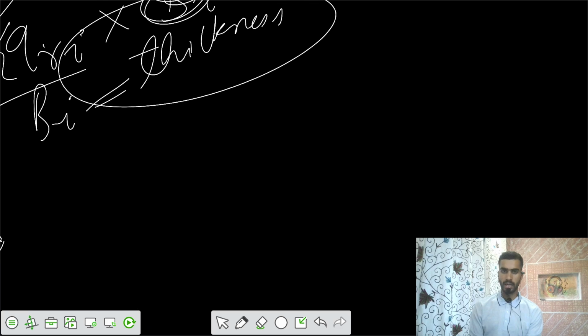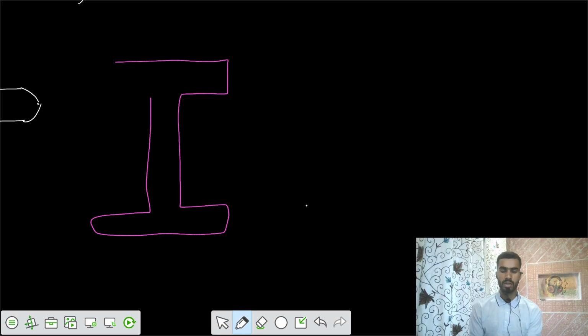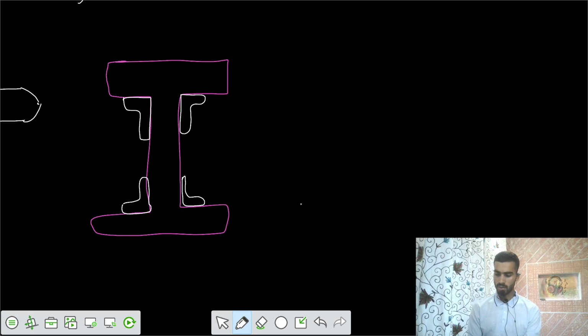Finally, we have what we call built-up sections. That means if the load was such that your I section was not sufficient, you need some extra plates or extra members connected to it. Let's say you connected some angle sections.